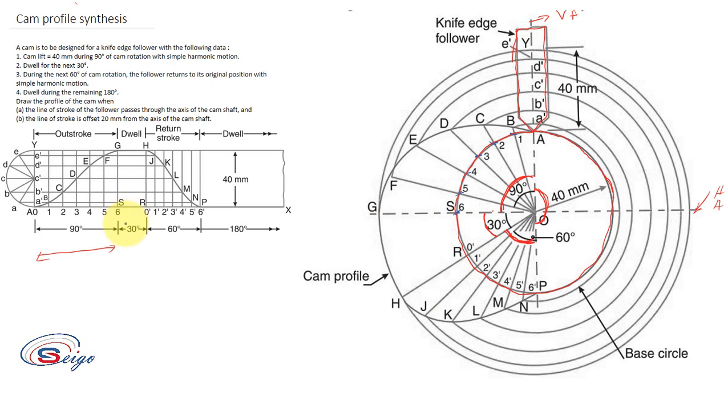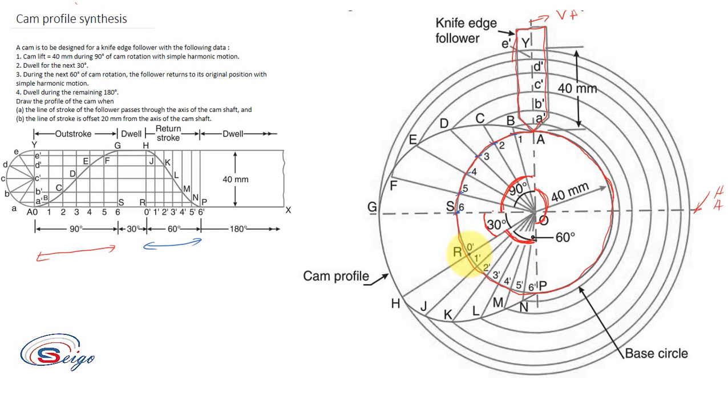Here you have not been provided with any divisions, so you can simply take 30 degrees and mark a line OH. Then for the return stroke, you have marked 60 degrees and it is also divided into 6 equal portions, so divide this 60 degrees also into 6 equal portions.